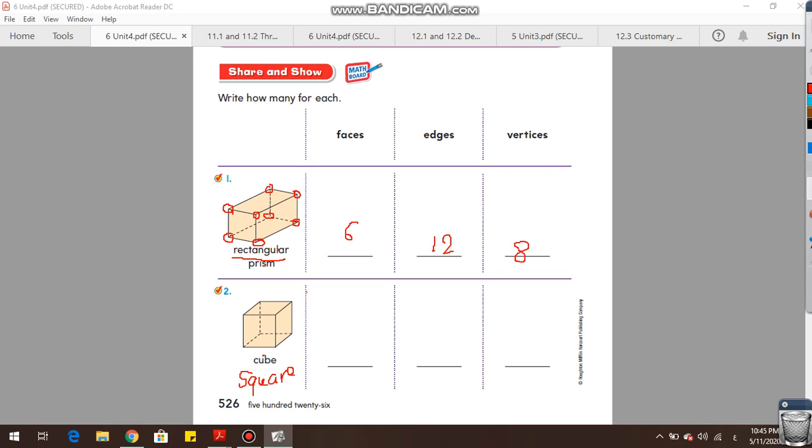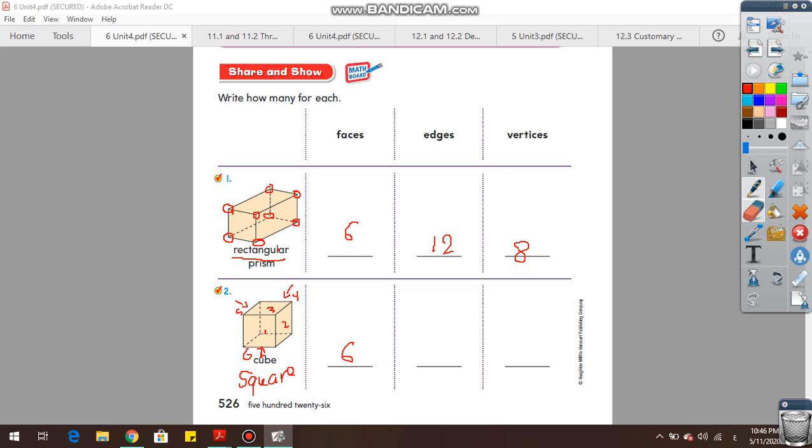Now cube. How many faces? Let's count. 1, 2, 3, 4, 5, and the bottom one is 6. So I have 6 faces. And how many edges?